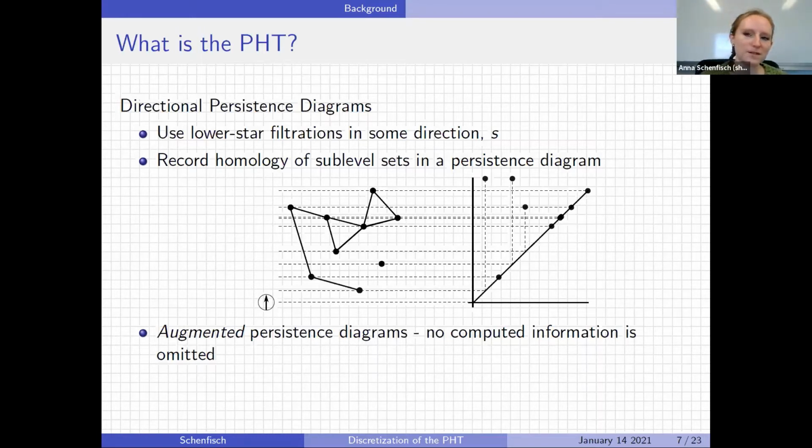Although it's important to note that in reality, most common persistence algorithms actually do compute these on-diagonal points. If you think about the standard method of taking a matrix and reducing it down to compute persistence, there's often a column and a row for every simplex. So you can think about that over on the left as meaning that at this height, for example, we would first see a vertex, and then immediately afterwards, we would see this edge.